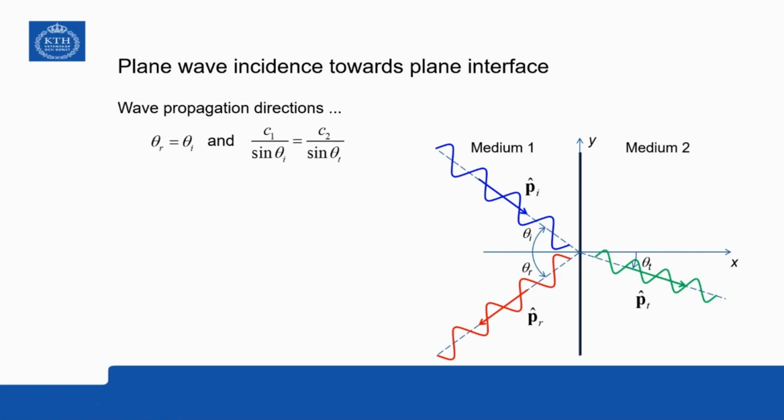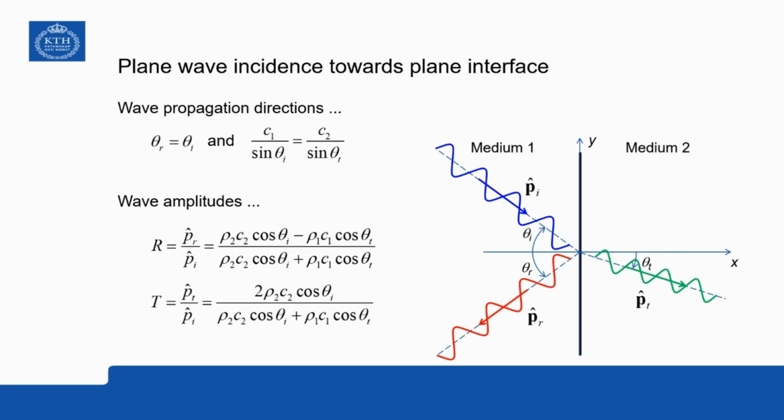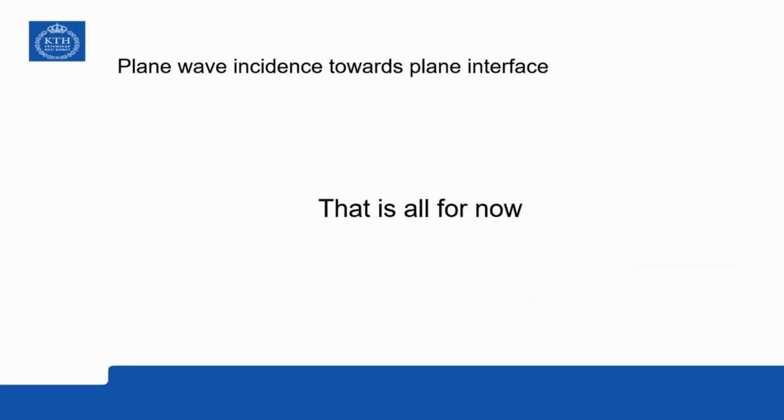And then we have the reflection and transmission coefficients with respect to sound pressure that you can use to calculate the unknown amplitudes of the reflected and transmitted waves. So this is basically what you need to be able to calculate many types of standing wave problems. And that's all for now.